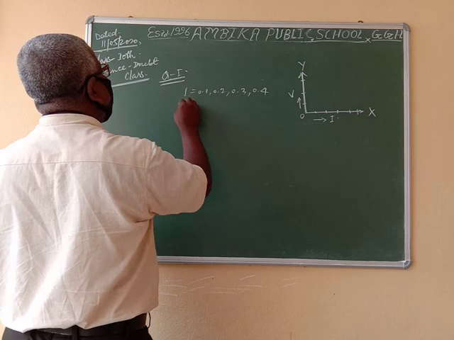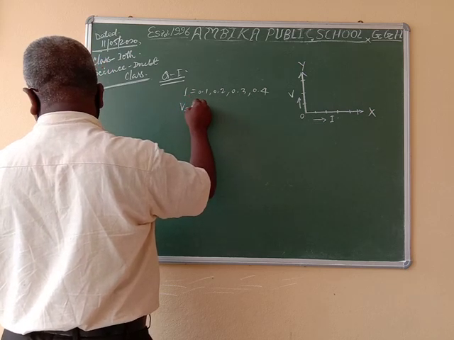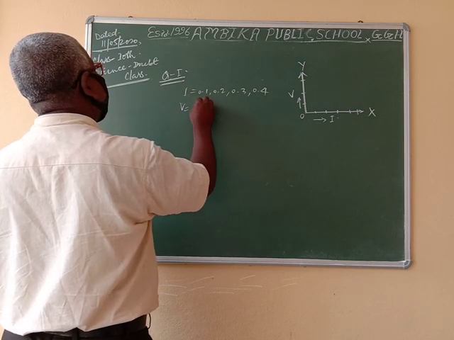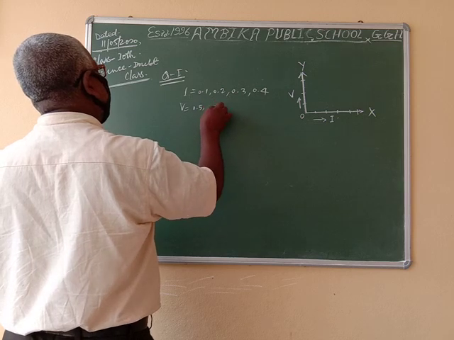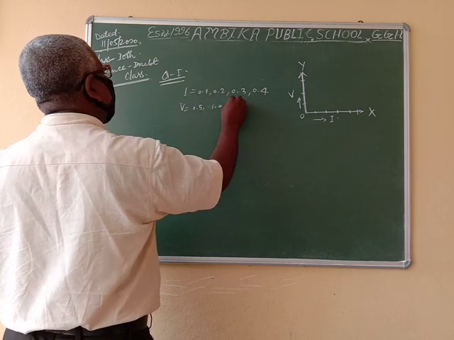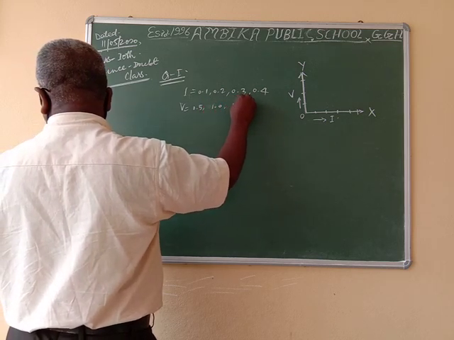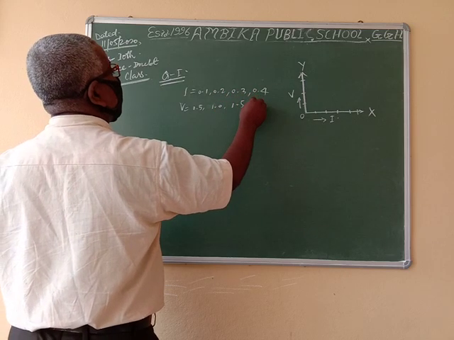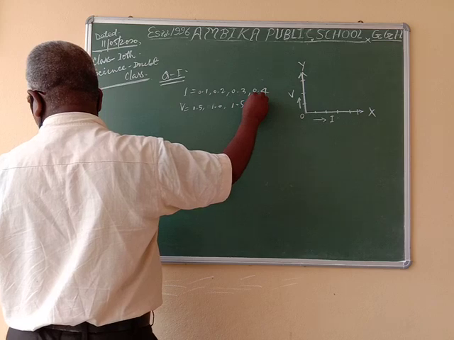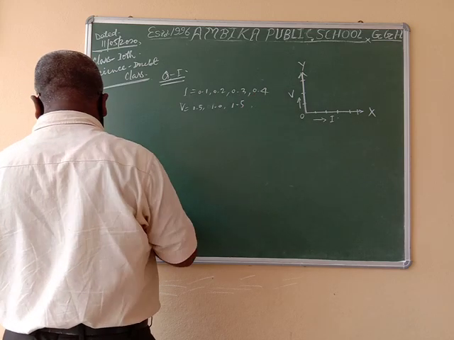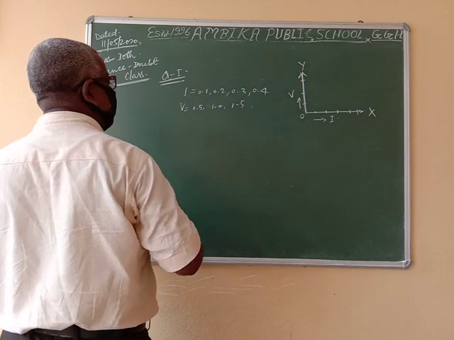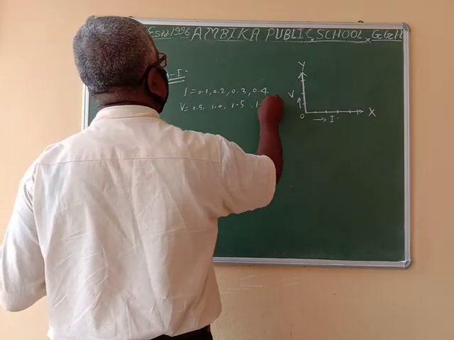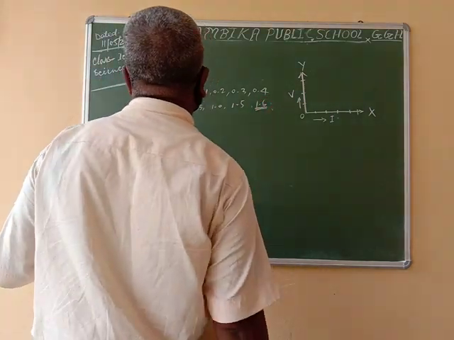The values of V vary from 0.5, 1.0, 1.5 and 1.6, it is written. It should be noted.